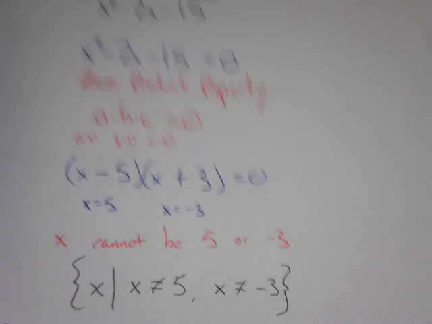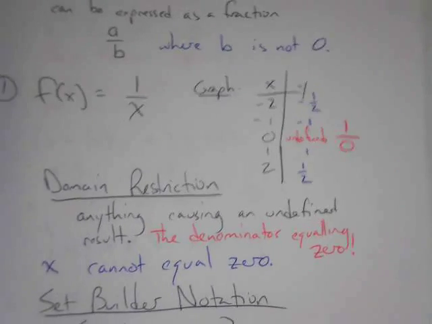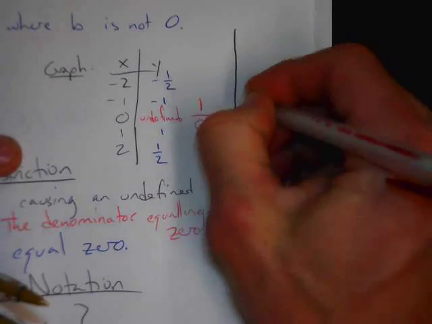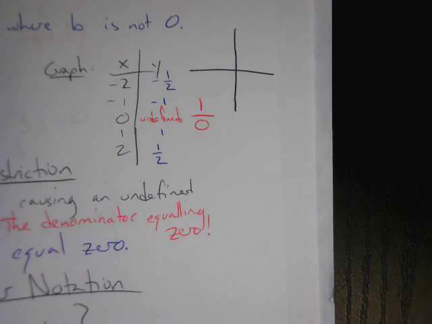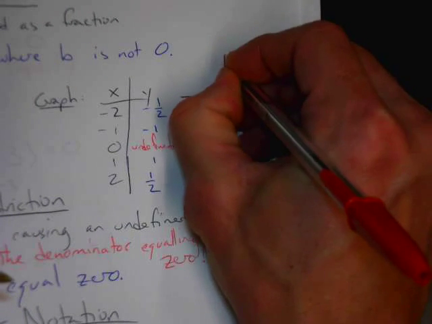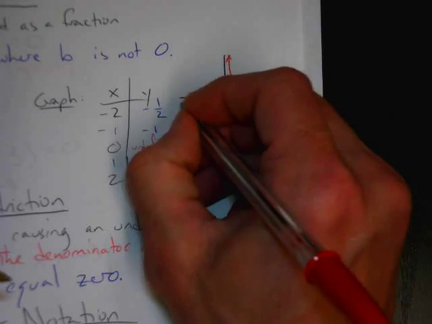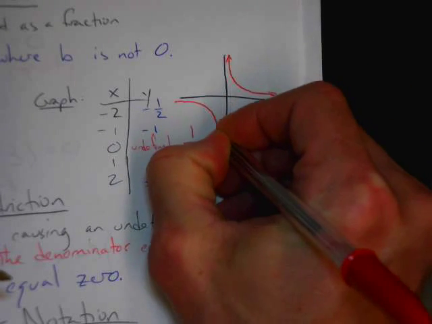And how does that work? Well, do you even remember the guaranteed pass notes? I hope so. Because when we looked at this graph, do you remember what it looked like? It's a funny looking graph. It looked like this: one part of it going this way, and the other part going this way.